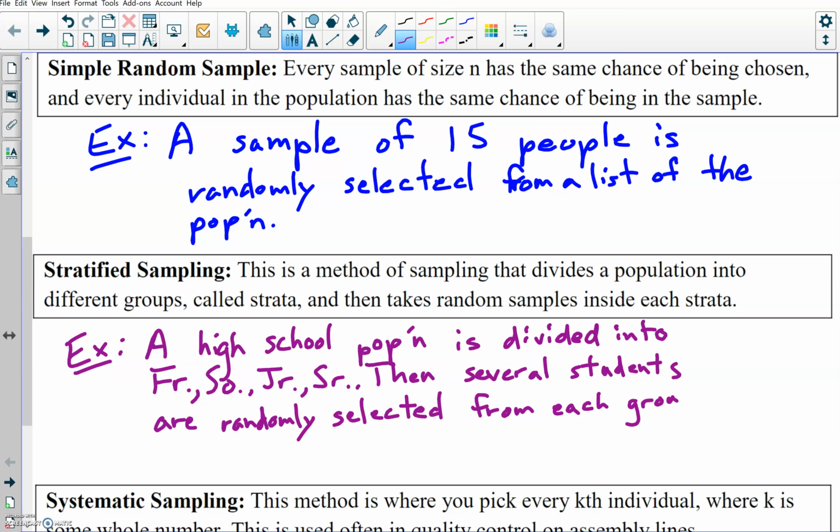So at the end, your sample is going to have some freshmen, sophomores, juniors, and seniors in it. The groups themselves, freshmen, sophomores, juniors, seniors, these groups are what's called homogeneous.